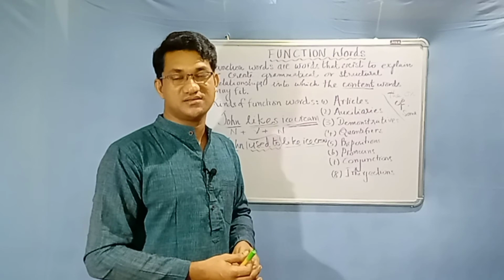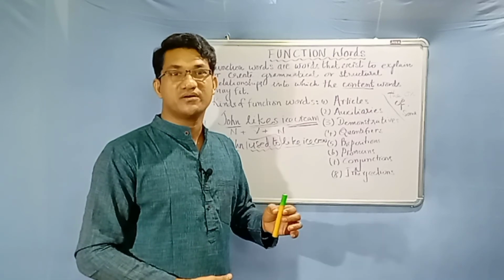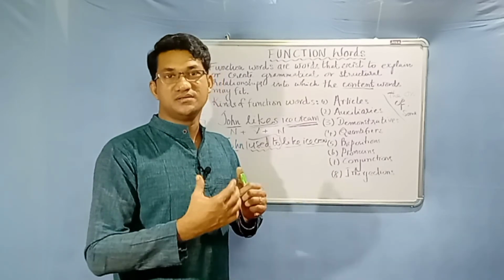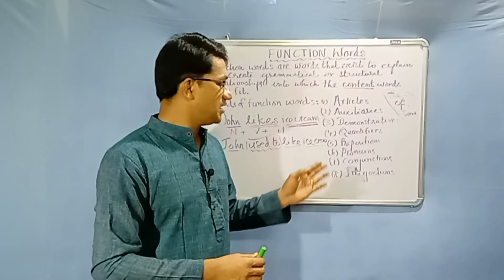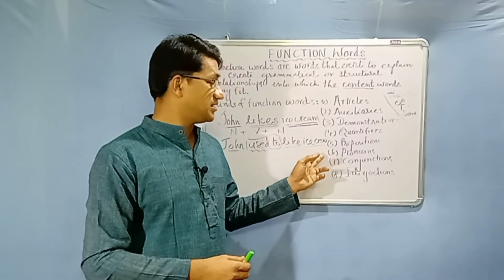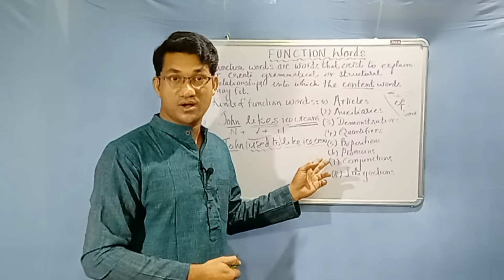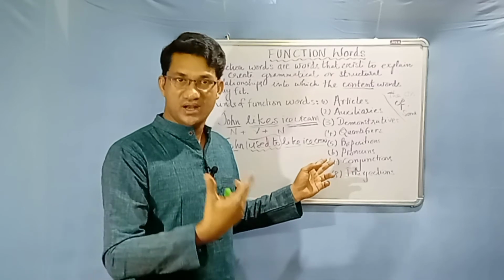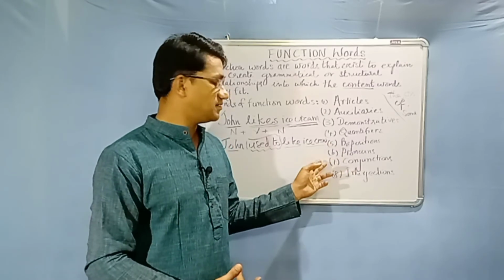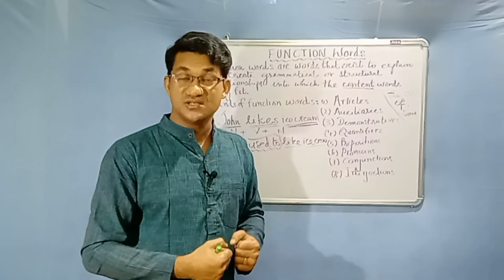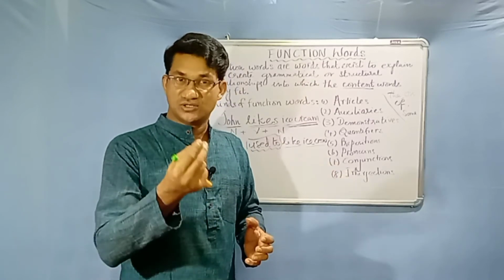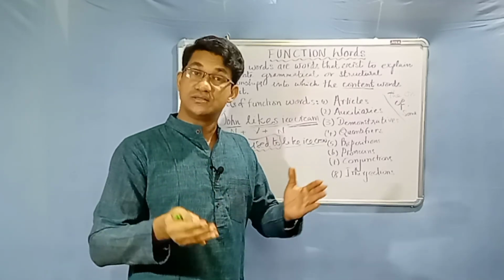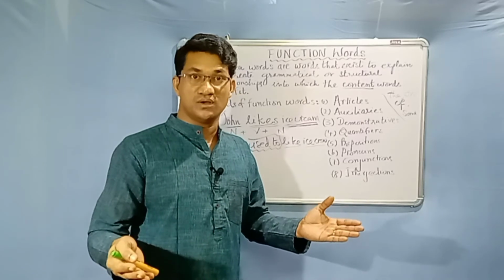We say that the marker is in my palm. The duster is on the table. Prepositions. Then the sixth type of function words is pronouns. We have different types of pronouns, and we are going to learn in detail about all these things. The seventh type is conjunctions, little words like and, but, yet, etc., with which we combine two words or two phrases or two sentences.